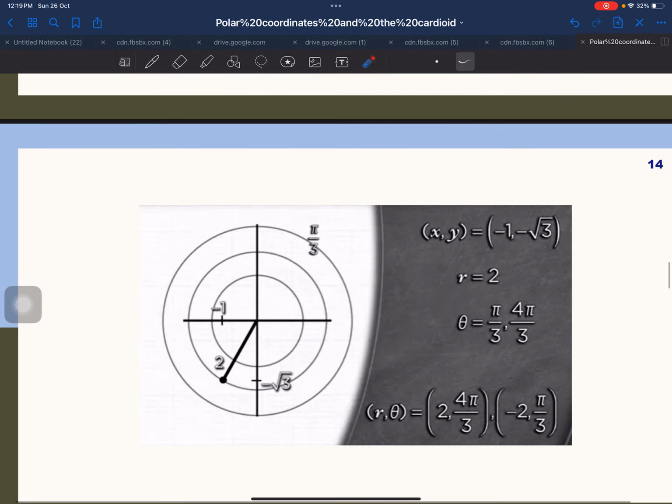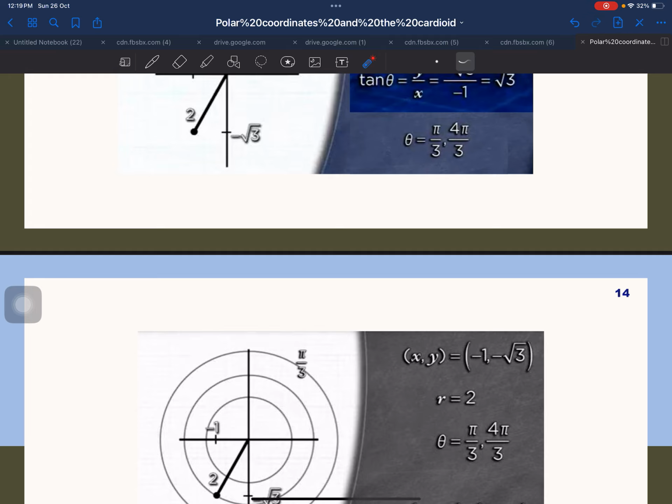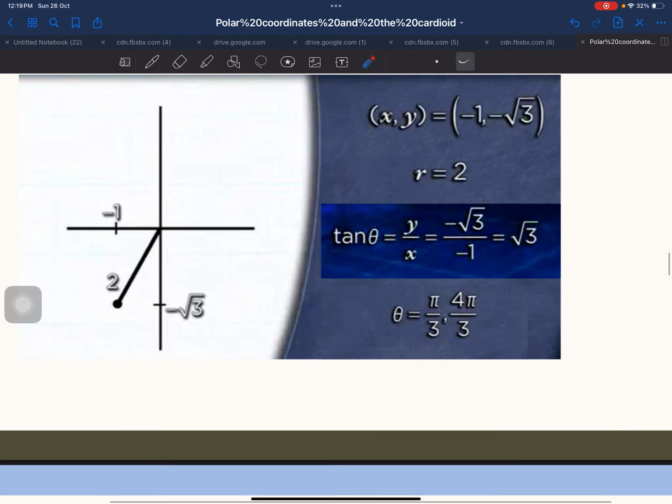Well, we all know that tangent theta is y over x. That's a conversion formula. Negative square root of 3 over negative 1 is equal to the square root of 3. So the minus sign cancels.